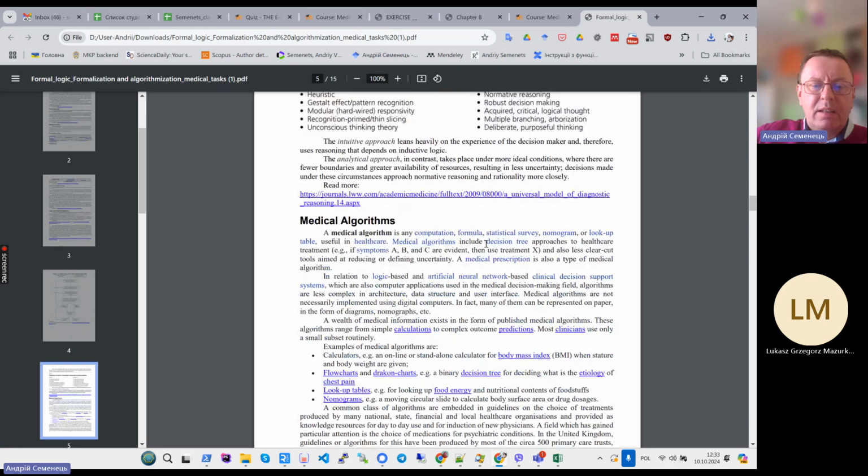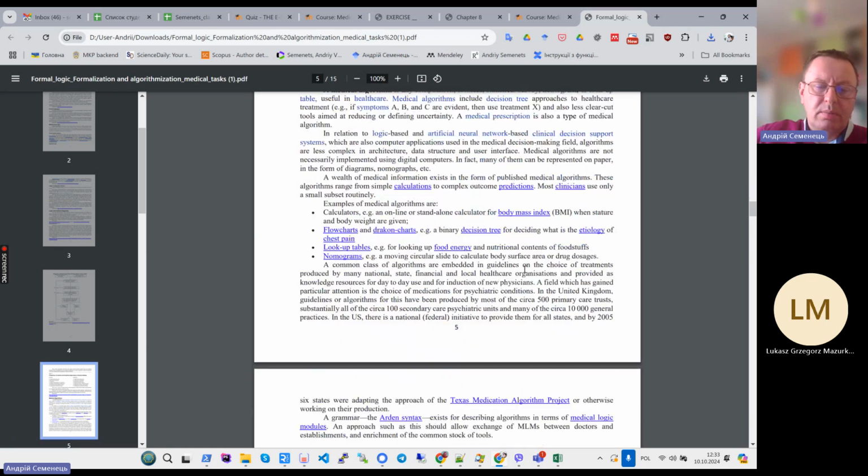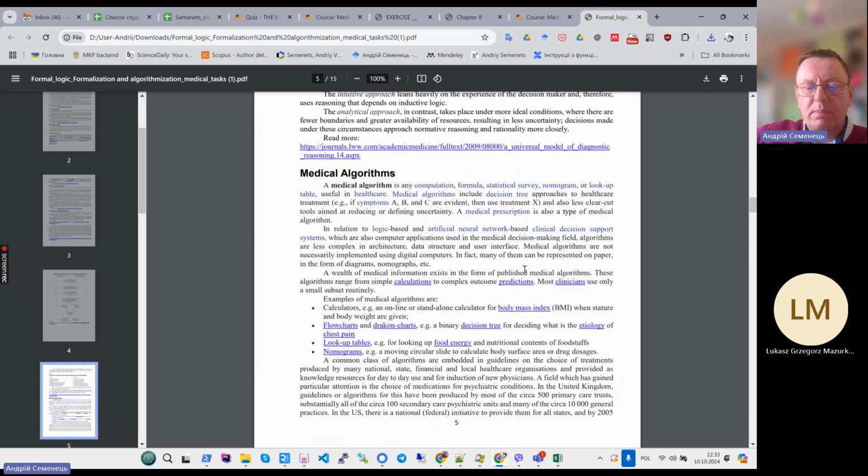Algorithms play a crucial role in modern medicine at the current time. And with the power of our computer systems, we have the ability to implement medical algorithms in the form of specialized computer software, like medical calculators, or embed them in the form of a clinical decision support system into any medical software.